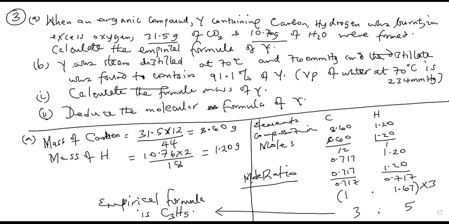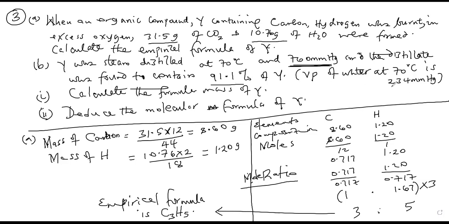Then going to part B, they are saying that when Y was steam distilled at this and 760, so this is the mixture. So if steam distilled at 70 degrees and 760 millimeters of mercury, the distillate was found to contain 91 percent of Y. So meaning that if it contains 91 percent of Y, we can get a percentage of water.